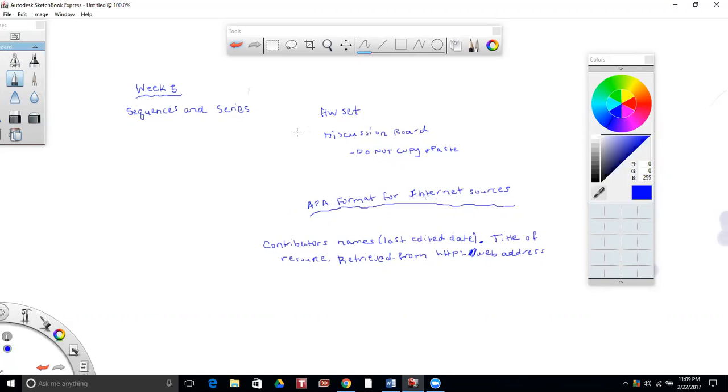I want to hear you in the discussion board. So if you pull something from a site, explain what you heard from the site, your interpretation of the application, how it relates to a sequence or a series, etc.